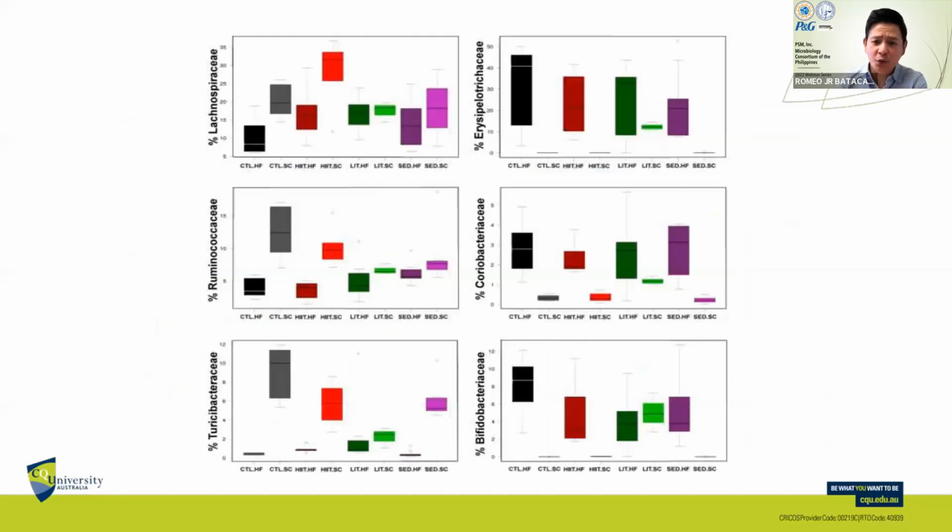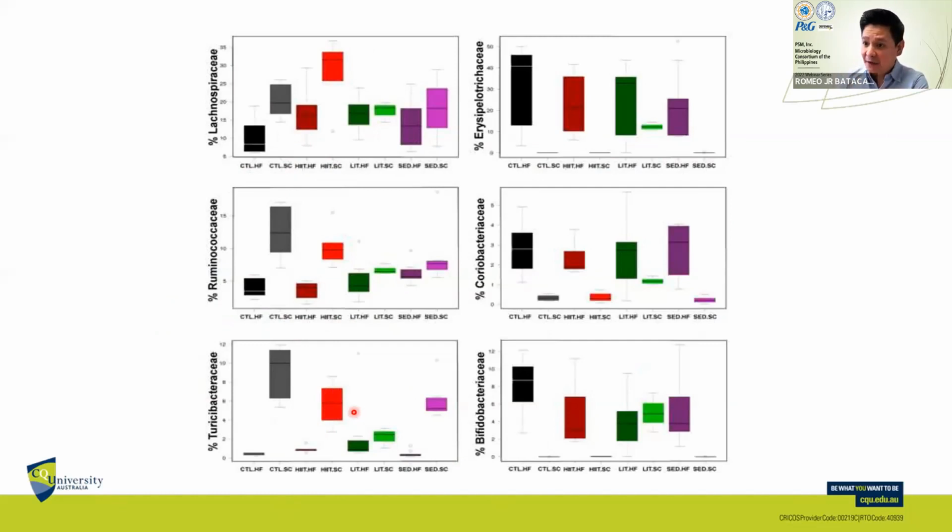This figure is showing differentially abundant families with stronger preference for standard chow diet. And as you can see, in standard chow diet, the abundant families were Lachnospiraceae, Ruminococcaceae, and Turicibacteraceae.